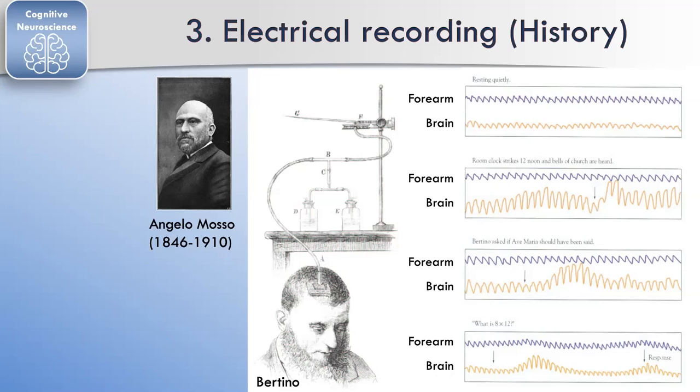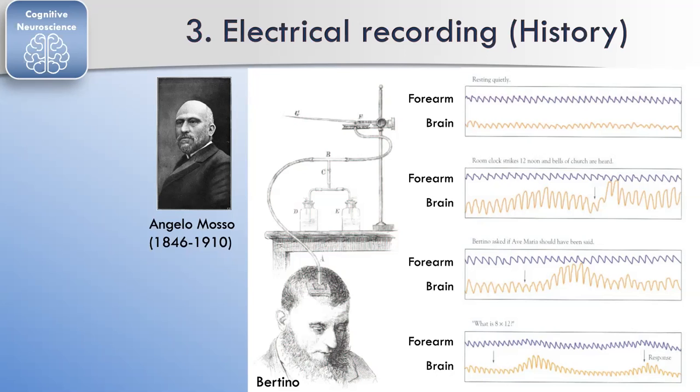So humans are biological creatures whose activity produces electrical activity that is noticeable, that is detectable. So Angelo Mosso did certain studies on this famous patient Bertino to try to see whether certain activities caused more brain activation.